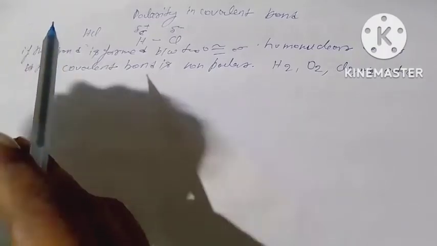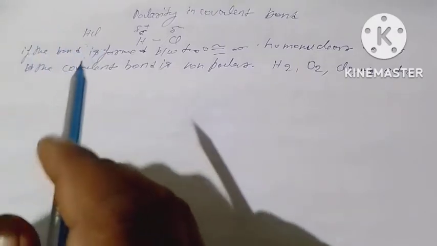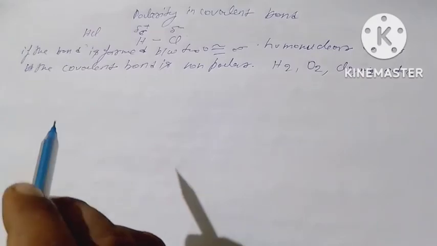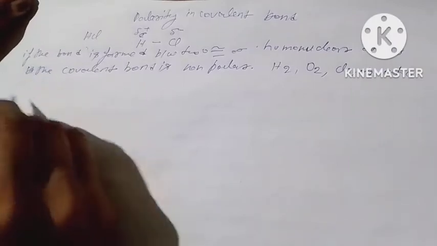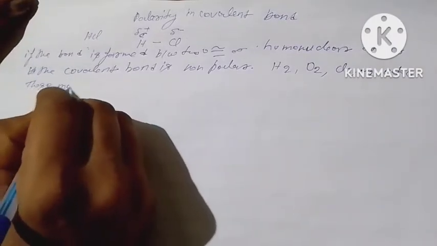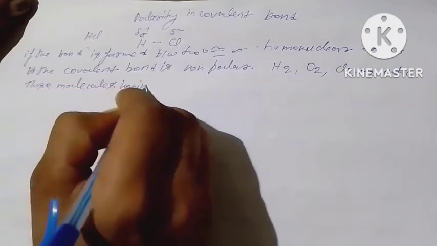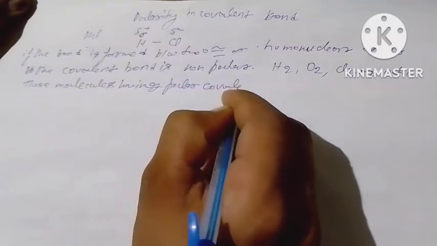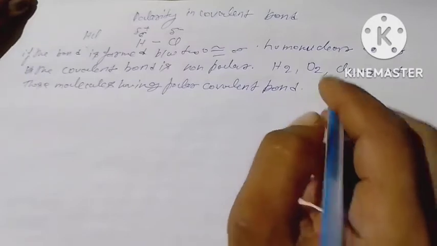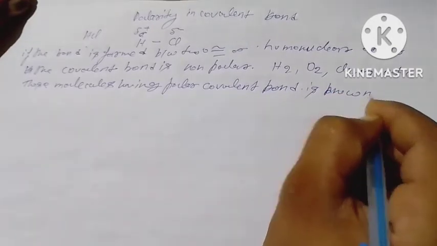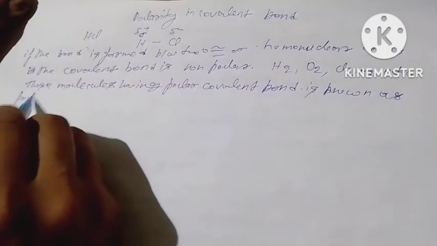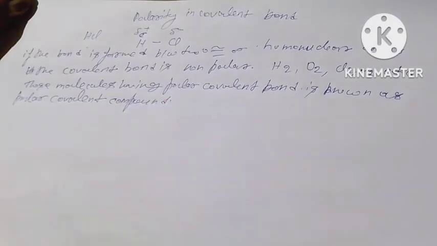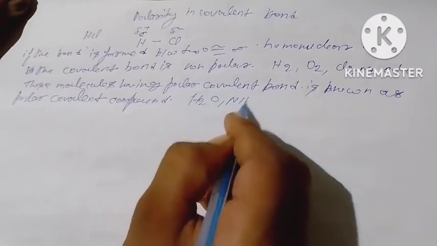As an example, H2, O2, Cl2, N2, etc. The molecules having polar covalent bond are known as polar covalent compounds, as examples H2O, NH3, water and ammonia, etc.